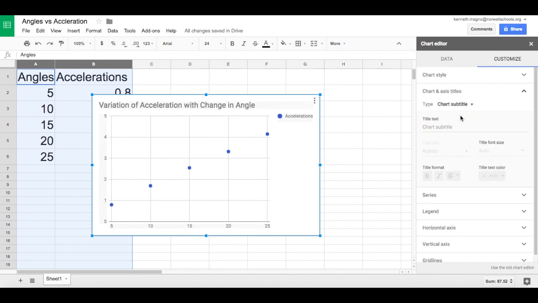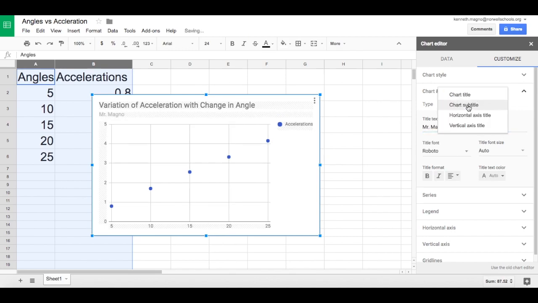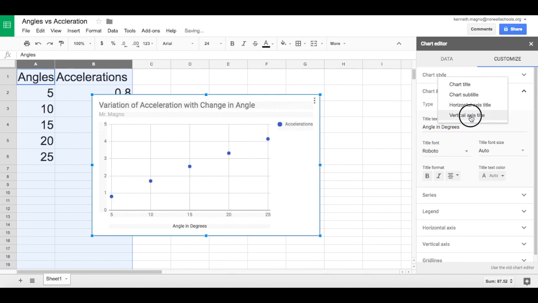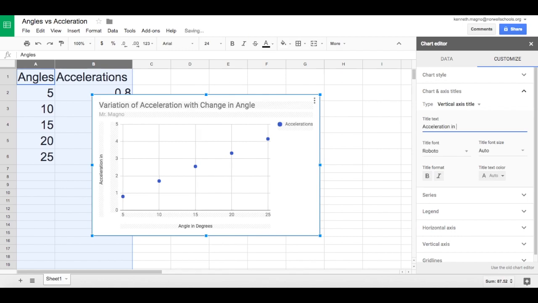And the subtitle, as always, is our name, Mr. Magno. Horizontal axis is right now our angle in degrees. And our vertical is our acceleration in meters per second squared.